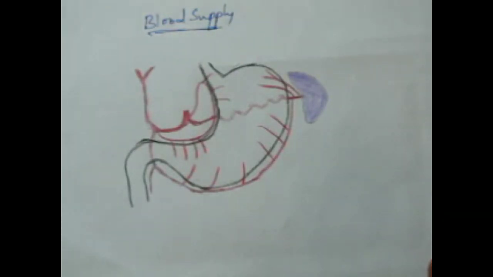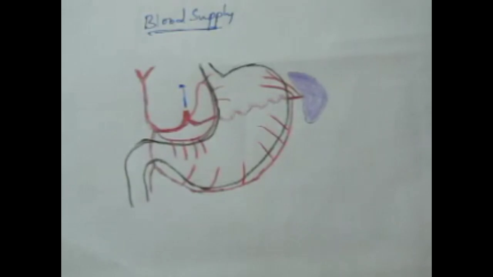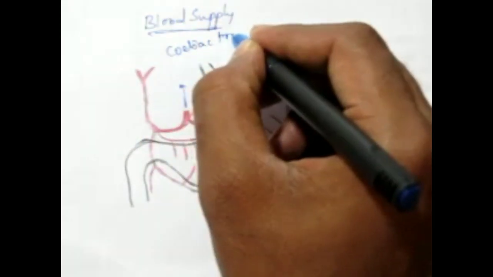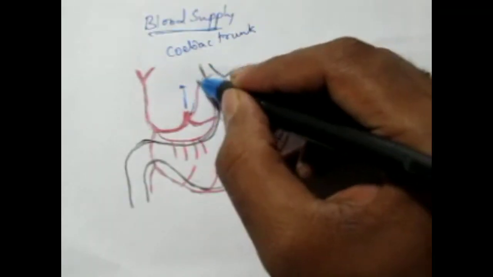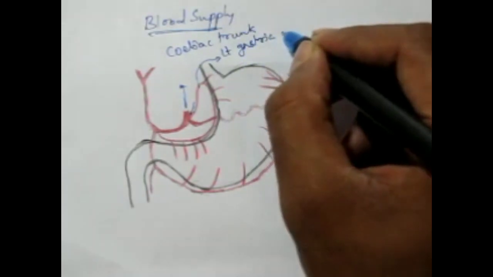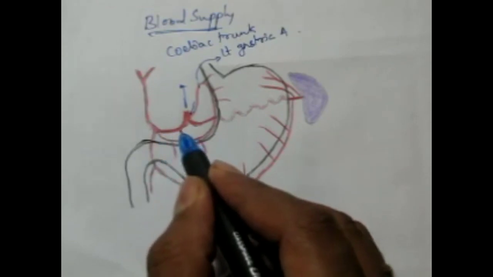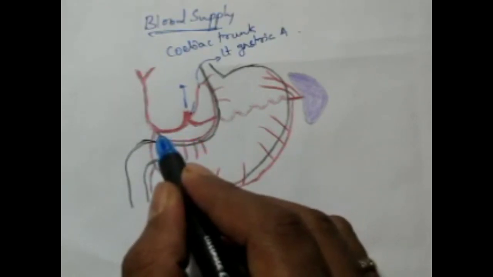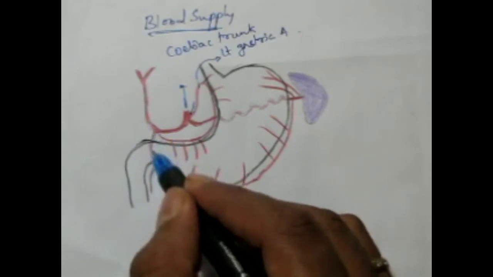Blood supply. The main blood supply to the stomach is by the celiac trunk and its branches. This is the left gastric artery, and this is the common hepatic artery. Again, it divides into the hepatic artery proper and the gastroduodenal artery.